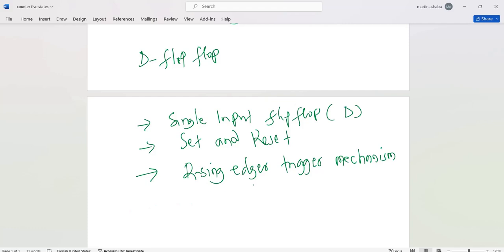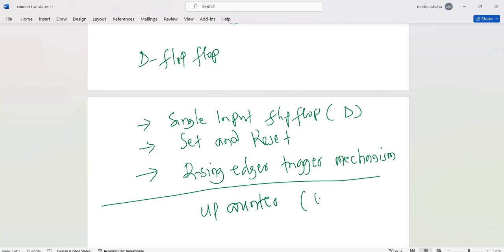So this is going to make it an up counter. Since we have a rising edge trigger mechanism, and obviously when you are moving from low to high, you are talking about an up counter.